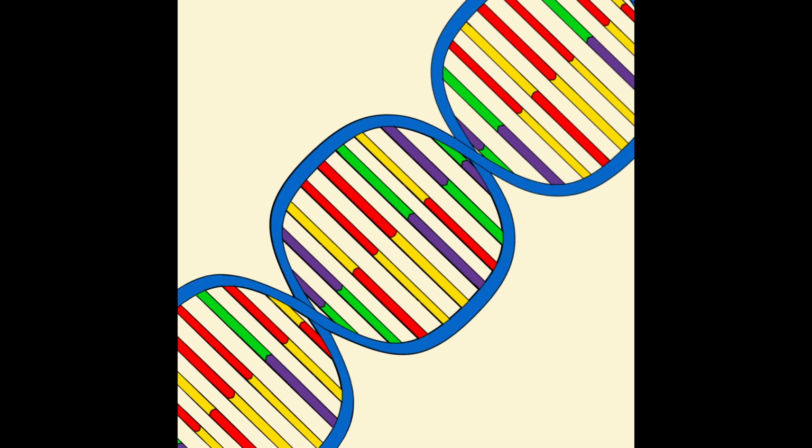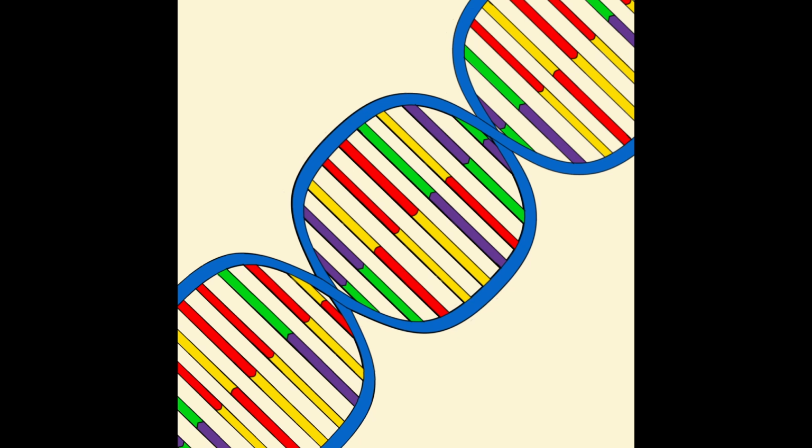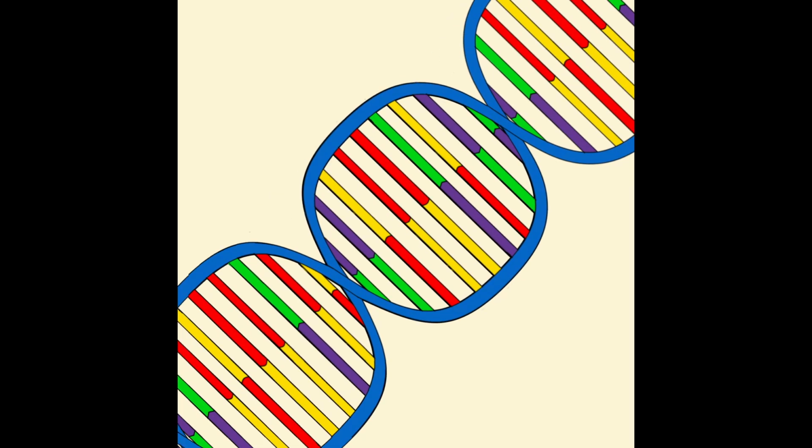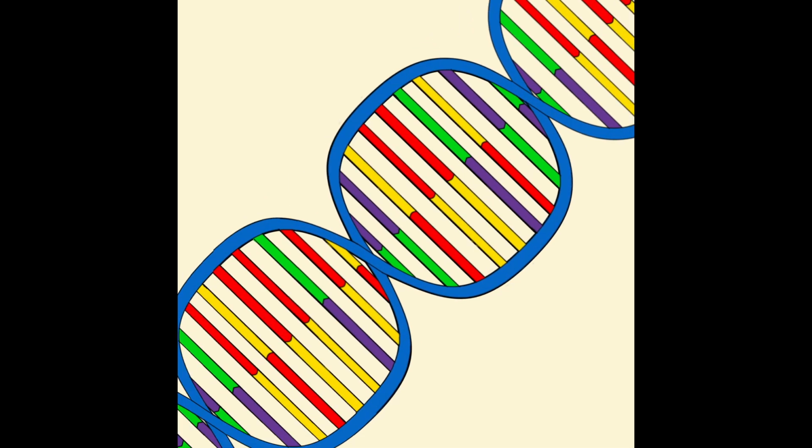And another method is electroporation, where you zap cells with an electric pulse to open little pores in the membrane, the surface of the cell. That lets the Cas9 protein and guide RNA slip in, and it's mainly used for editing cells in the lab, like T cells, which are one of your immune cells.